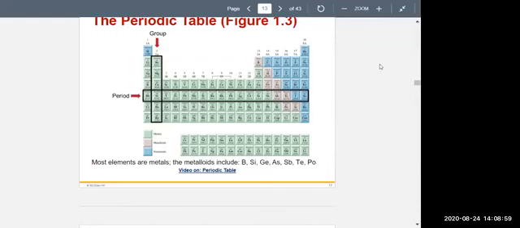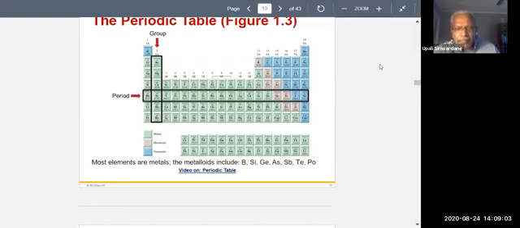The pink metalloids are in between metals and non-metals, right? Boron, silicon, germanium, antimony, tellurium, polonium, going down in a step way.